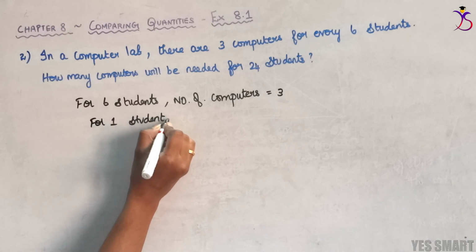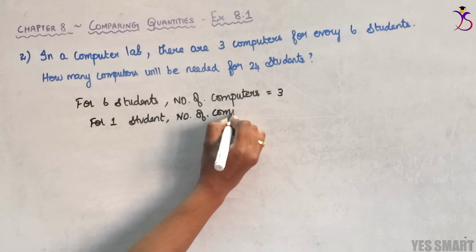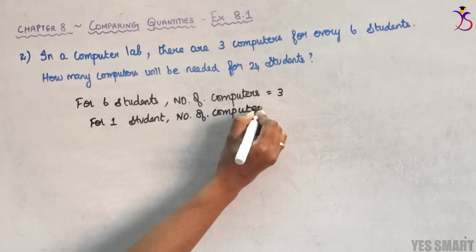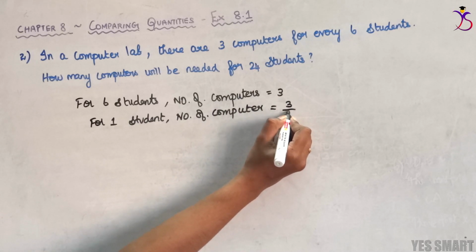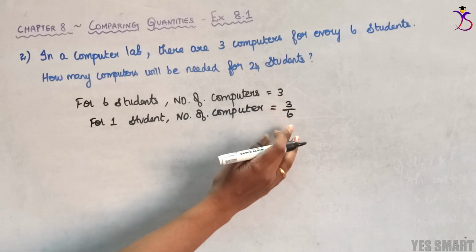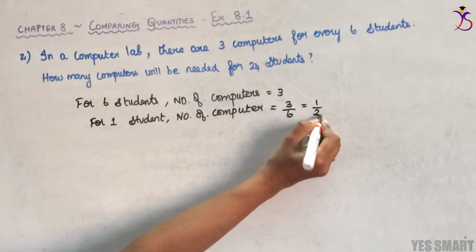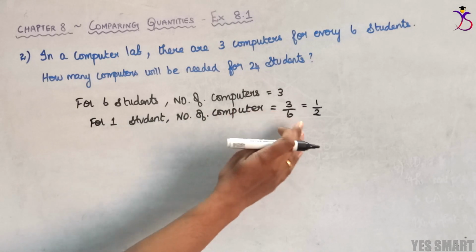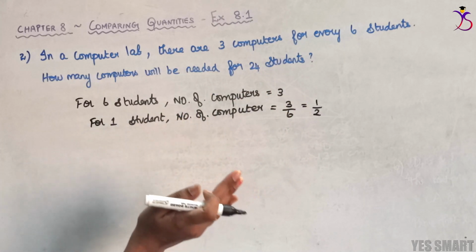For one student, the number of computers equals, so we will divide 3 by 6. The answer is 1 by 2. So for every one student, there is half of a computer. That is, 2 students are sharing one computer, right? So for a single student, it is half of the computer.